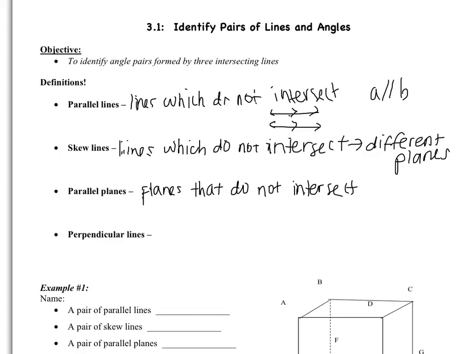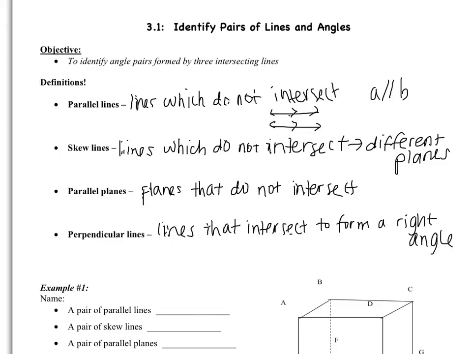And then perpendicular lines are lines that intersect to form a right angle. Okay, so those are all definitions you should probably know besides the skew lines. I know that one's new.